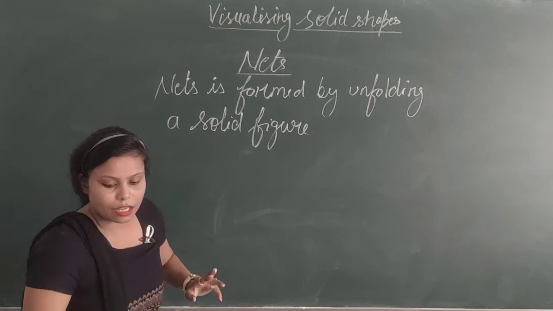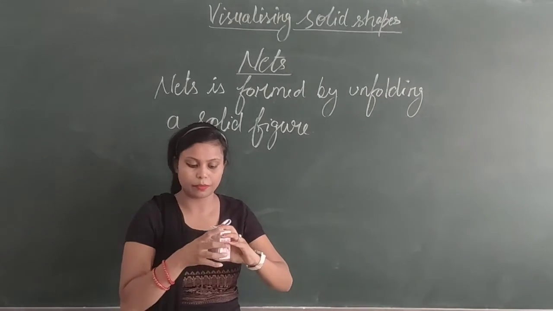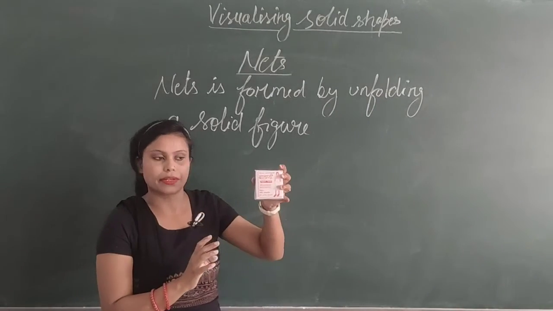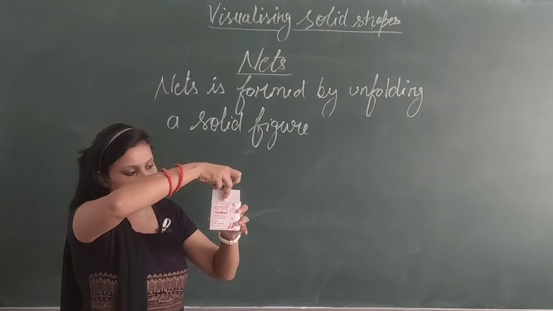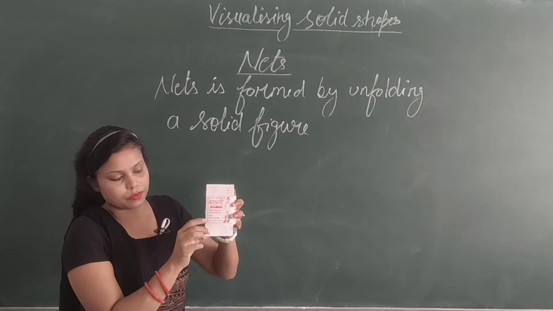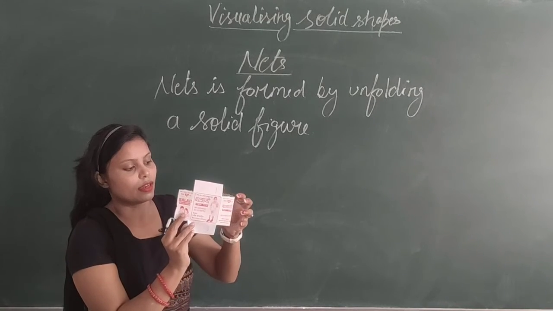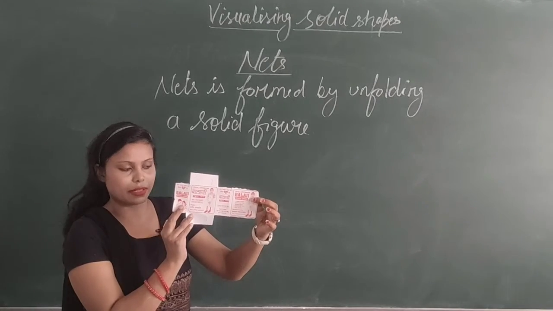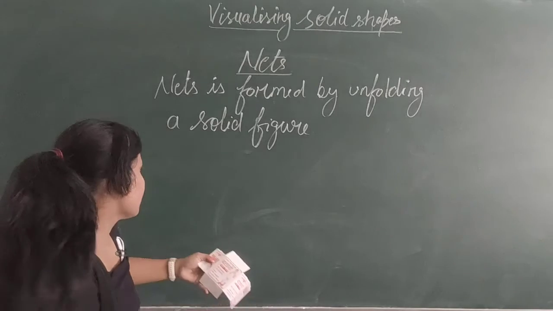Okay, let's have a look. I have a cuboid. Okay, this is a cuboid. I am going to open this. How? 1, 2. Now from this side, and this side. Right? So this represents a net.